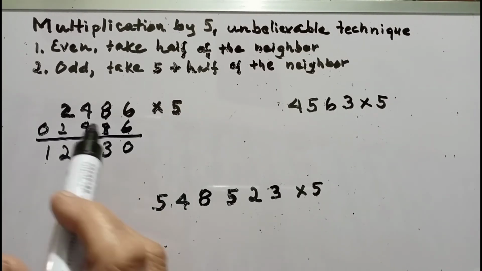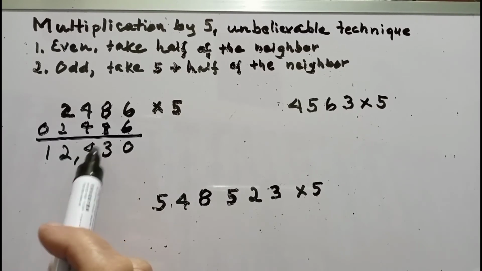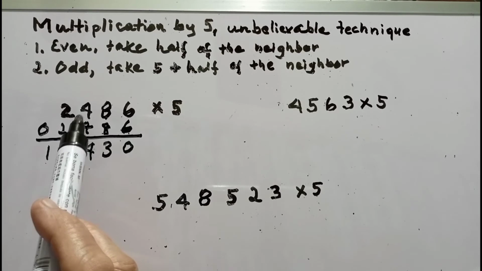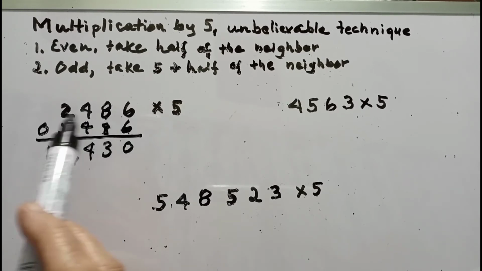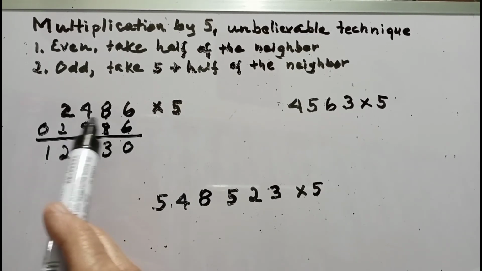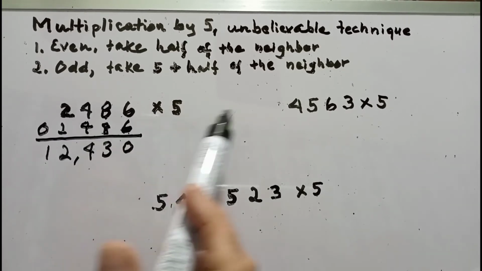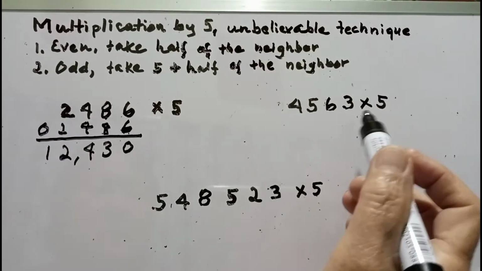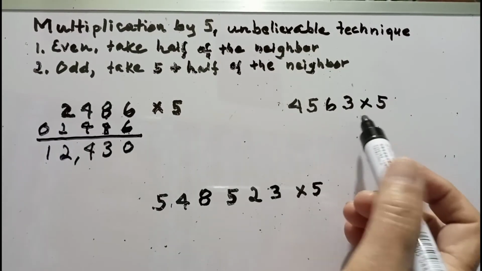Now this is good for numbers which are composed of even numbers, or multiplicand composed of even numbers. Now, what if we have a multiplicand which is composed of odd numbers and even numbers?